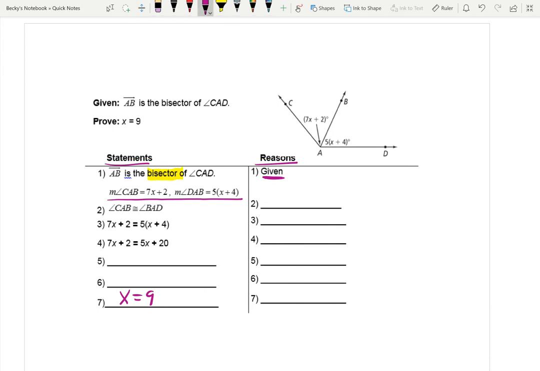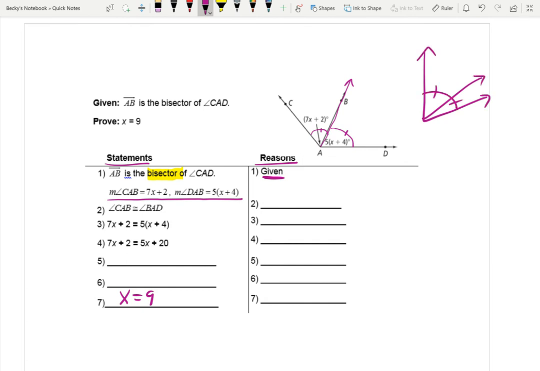Bisector from chapter 1 means it takes the angle and cuts it straight down the middle. Now, the way we can show this on a diagram is draw a little arc with a slash through it, an arc with a slash through it. And as soon as you look at this picture, that indicates I know those two angles are the same measurement, even if I draw a picture that's not to scale. So that obviously is not to scale.